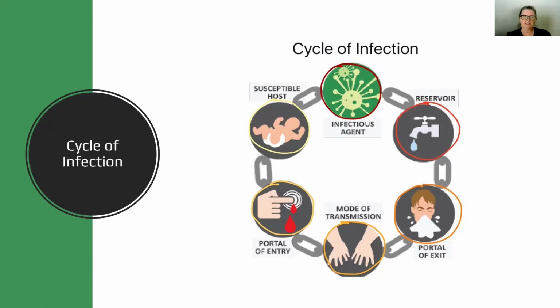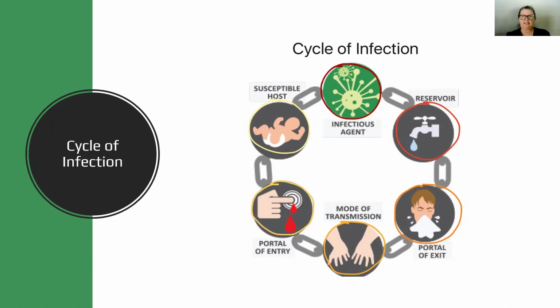until there is a portal of exit. And that is the next part of the chain. There has to be some way for that infectious agent to leave that reservoir host. And that can be a variety of ways. For humans, it can be sneezing, coughing, touching something. It can be anything.